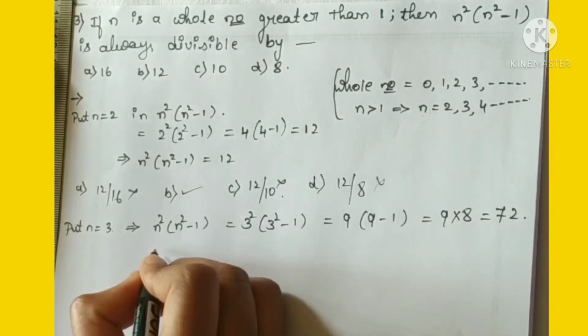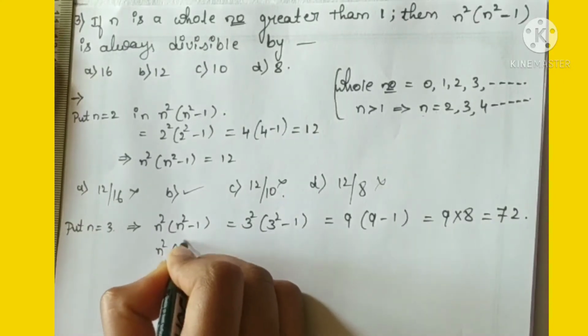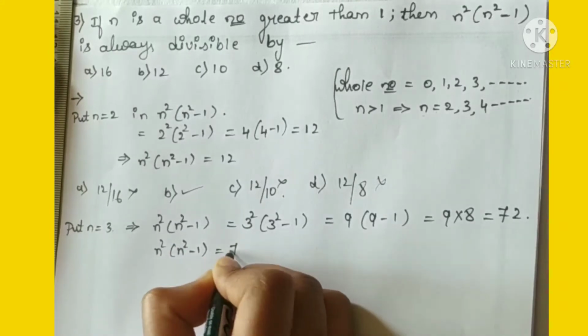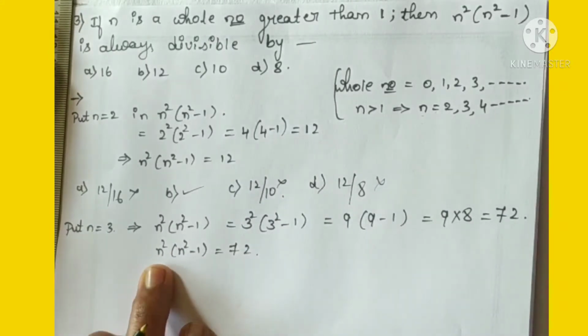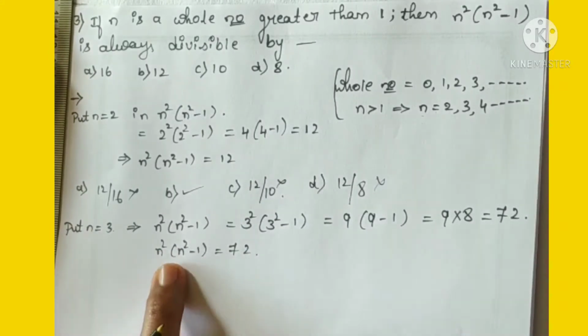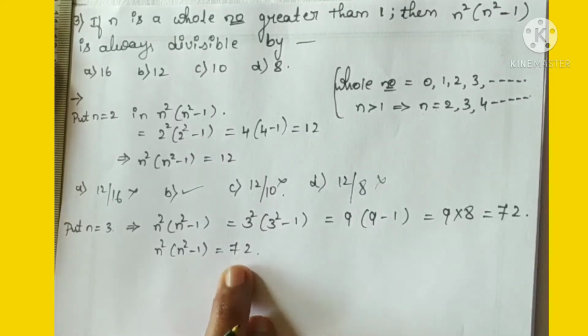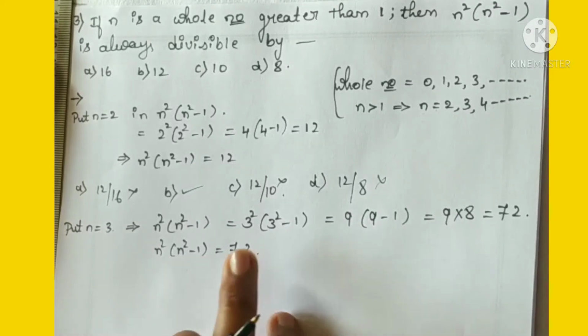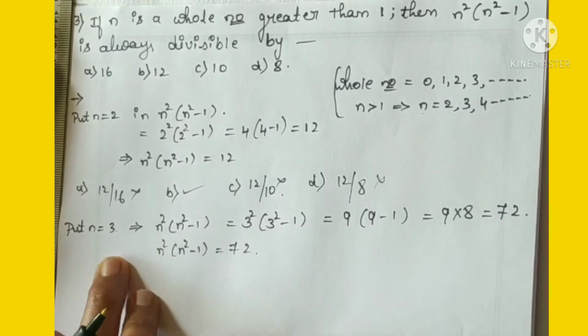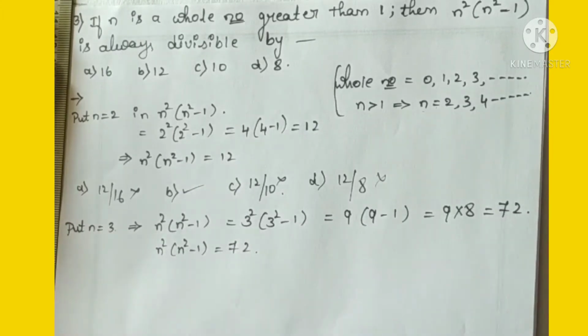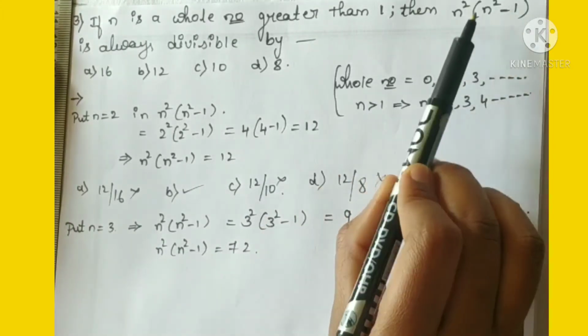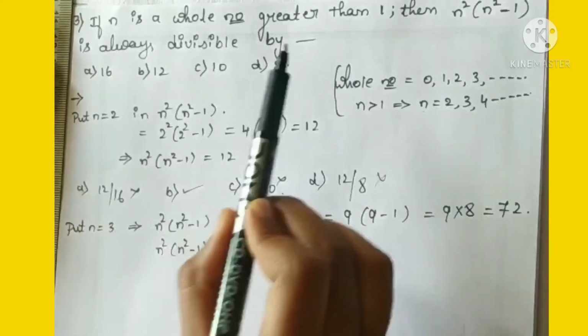So the value of n square into n square minus 1 is equal to 72 when we put n is equal to 3.